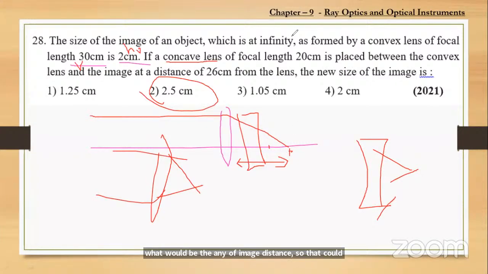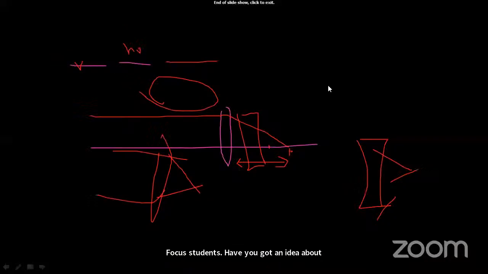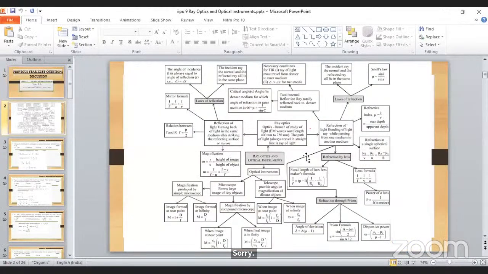Okay, students, have you got an idea? Is the screen visible?